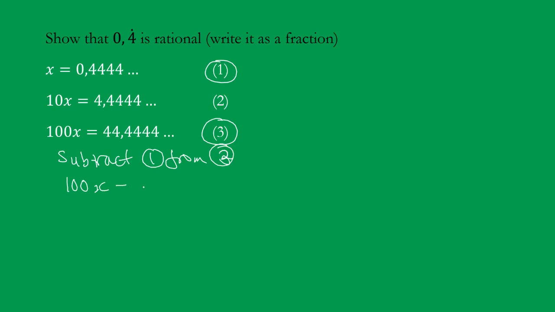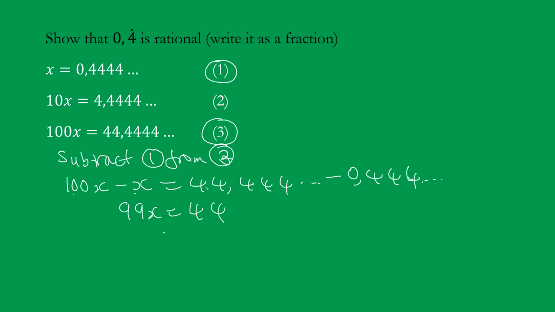So it's going to be 100x minus 1x is equal to 44,444 minus 0,444. Okay, it goes on like that. And then 100x minus 1x is 99x. Then 44,444 recurring minus 0,444 recurring is 44.